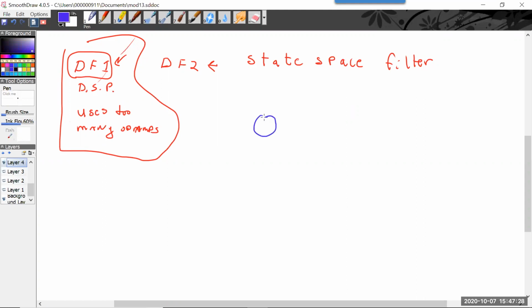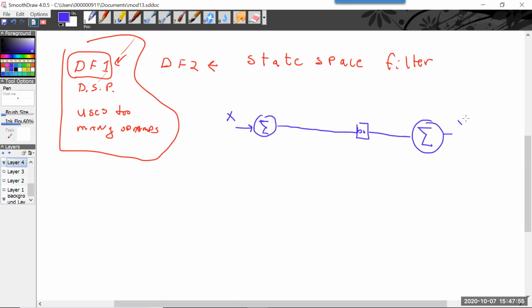It starts off with a summer. It's a function of S, I'm just not going to draw it. Then it goes through a gain stage called B naught, and it goes to another summer.